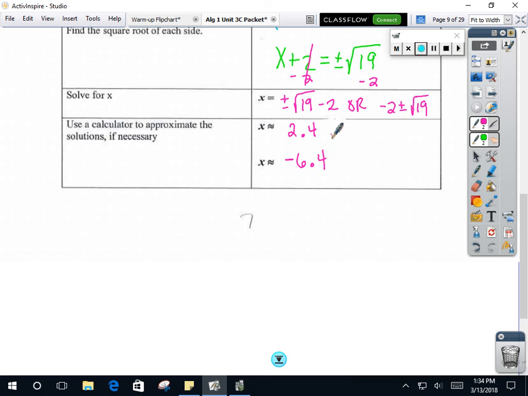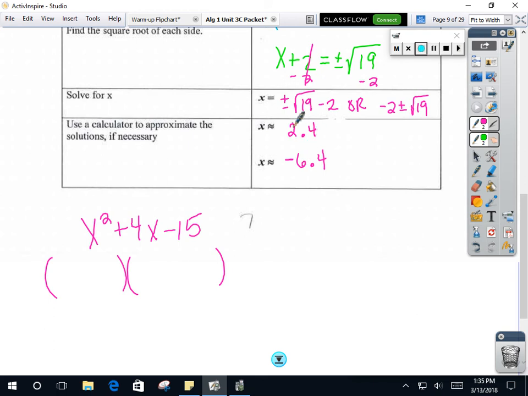Okay, now, you don't have to write this down, I just want you to look. Everybody look at the board. Remember, our original trinomial at the top was x squared plus 4x minus 15. And we weren't able to think of 2 numbers that multiplied to negative 15 and added to 4 because they're not whole numbers. They're decimals.